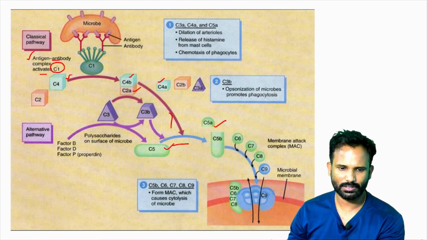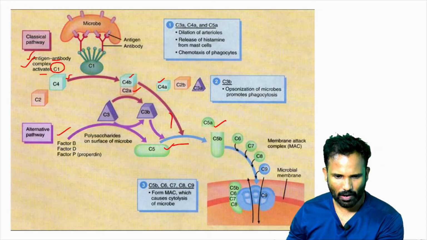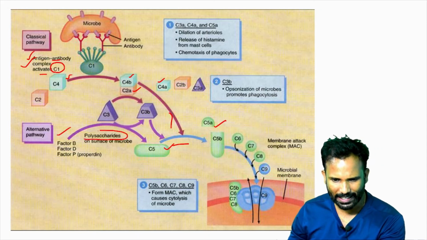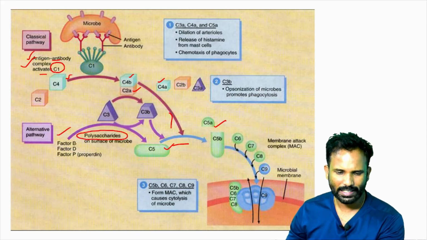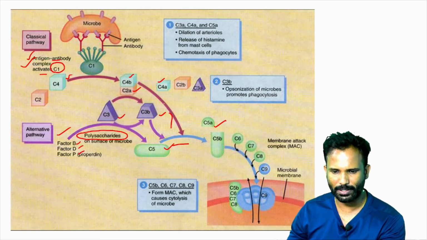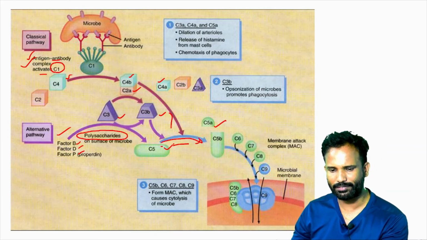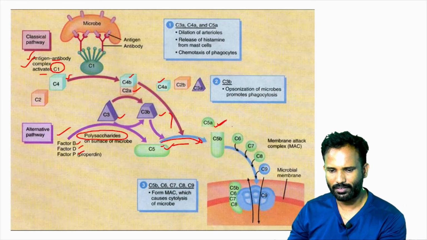So this is the classical pathway, where the antigen antibody complex is activated. In the alternate pathway, the polysaccharide of the microbe itself, with the help of factors B, D and P, will activate C3 to C3b, and this now again forms the common pathway. C5 will be converted into C5a, 6, 7, 8, 9.